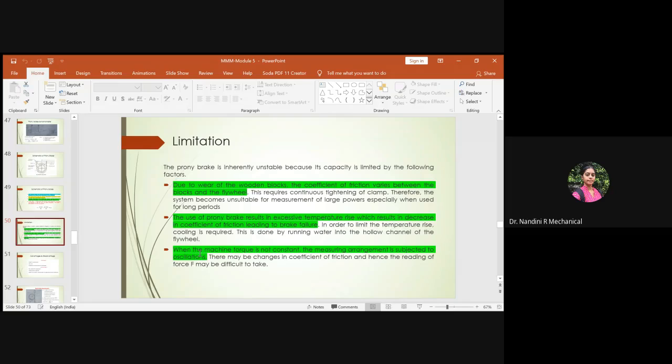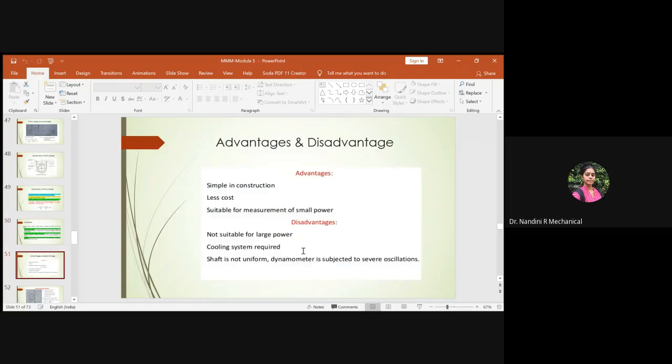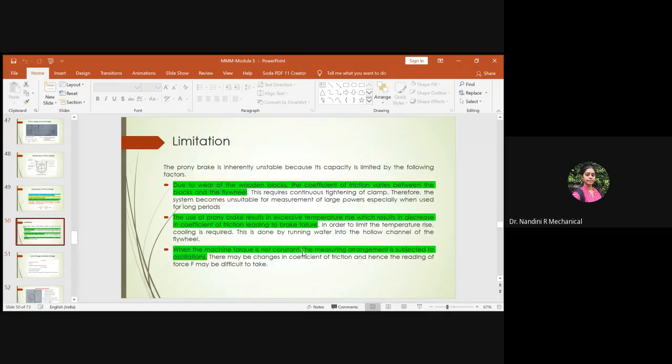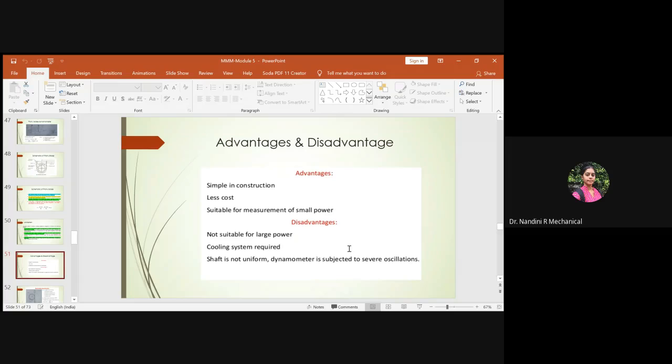When the machine torque is not constant and the shaft is not uniform, you will have variation in the oscillations. Due to that, the torque you obtain will not be a constant value, and hence reading the force will become difficult, and it also keeps on changing the coefficient of friction.